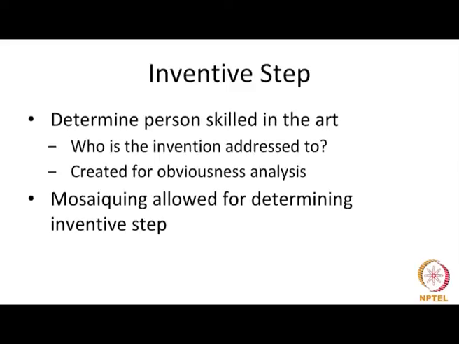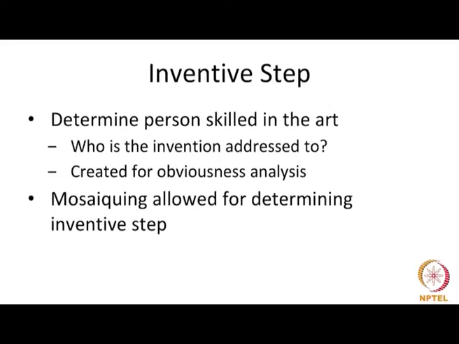So, the approach of a person skilled in the art is, when he is faced with a technical problem, he would normally do everything his peer would do. If it is everything that his peer would do, then that would not make the invention have an inventive step, because the problem got solved by a person skilled in the art doing what anybody else would have done if faced with that problem.